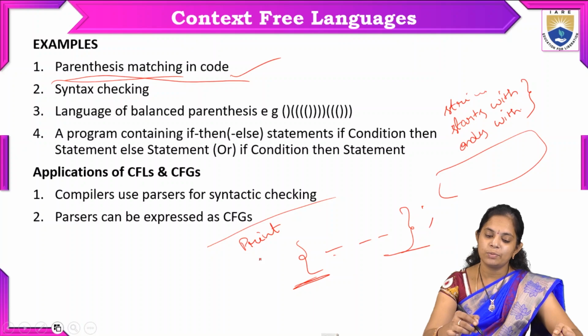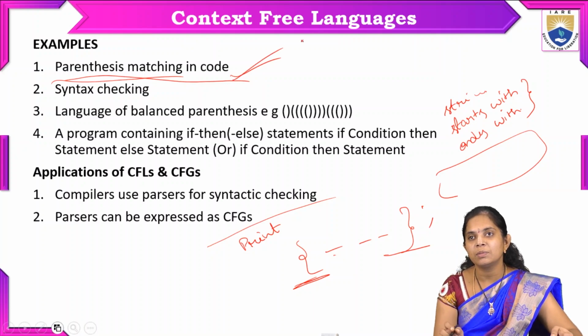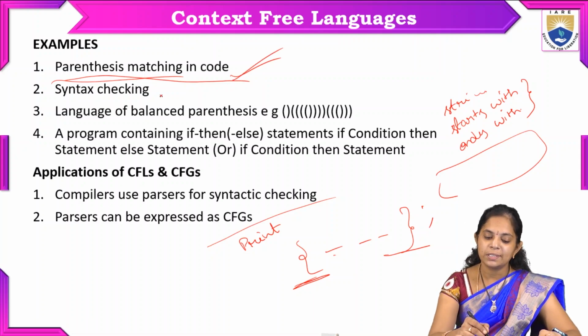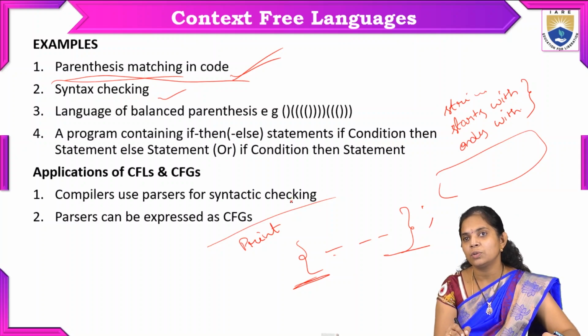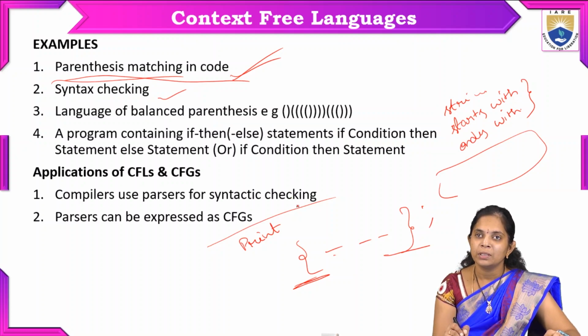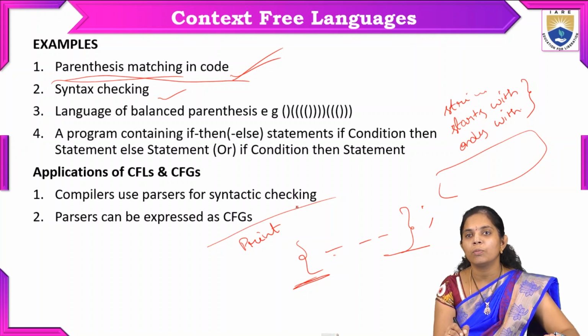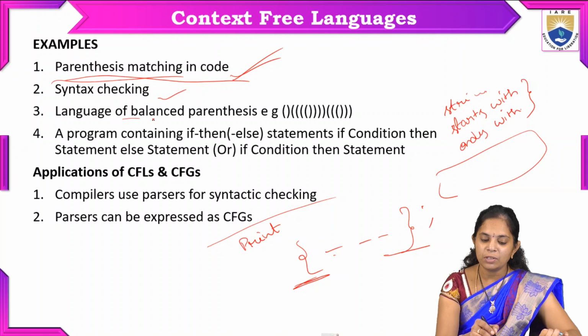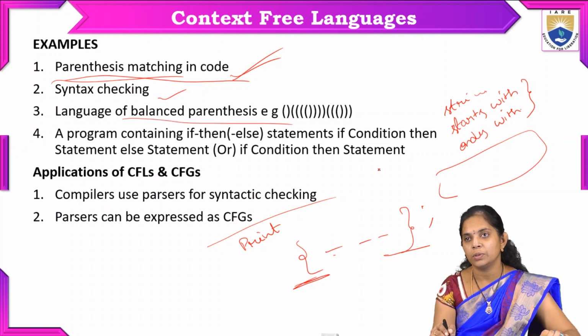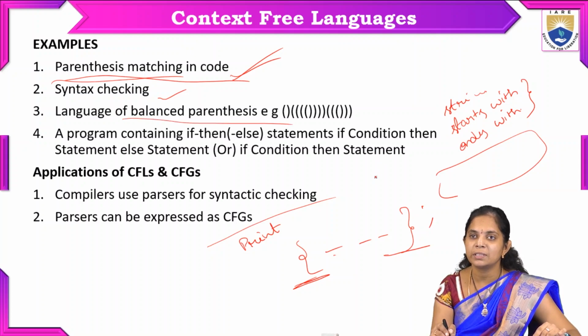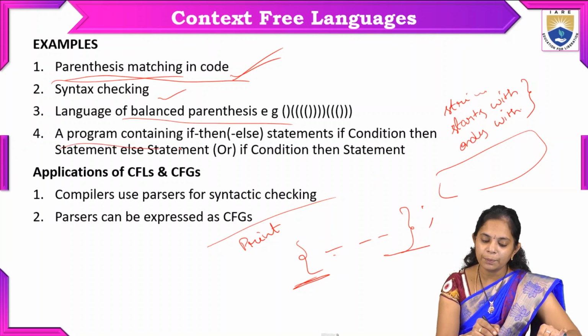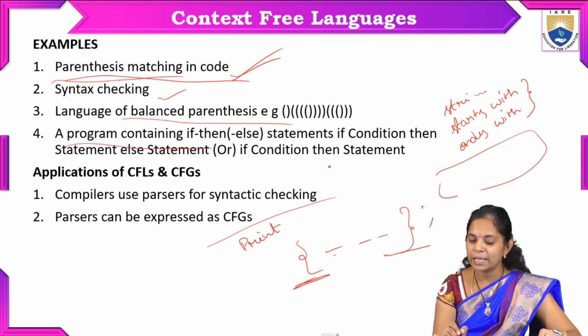So this is one example: parenthesis matching in code and syntax checking. We need to check the syntax. These are all real-time examples of such machines or models. Then the language of balanced parentheses, and a program containing if-then-else statements: if condition then statement, else statement, or if condition then statement.